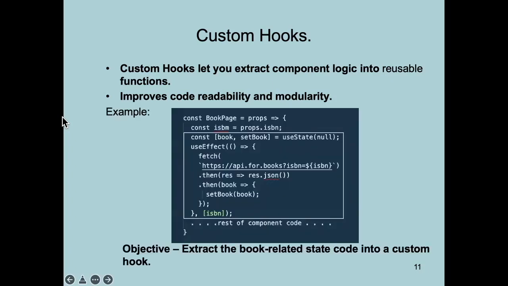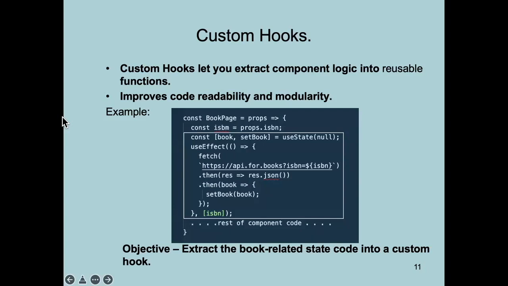Let's suppose we have this fictitious library management system, and there's a component called the book page. It's fairly obvious from the name what it does: it displays details about a particular book.